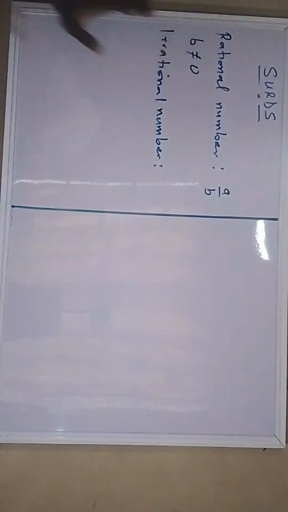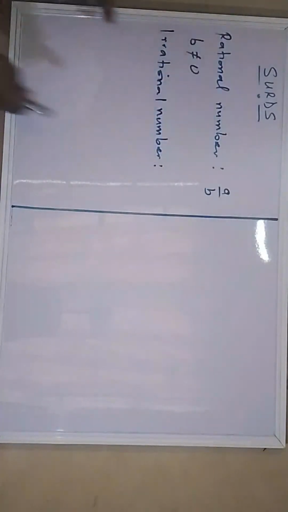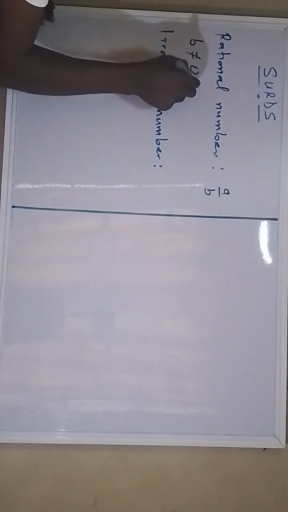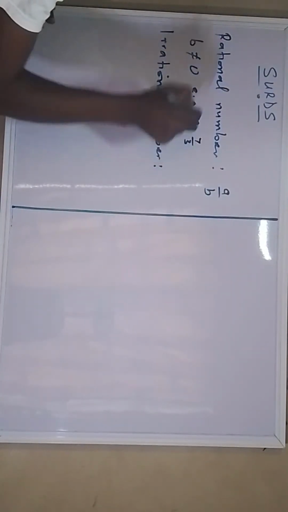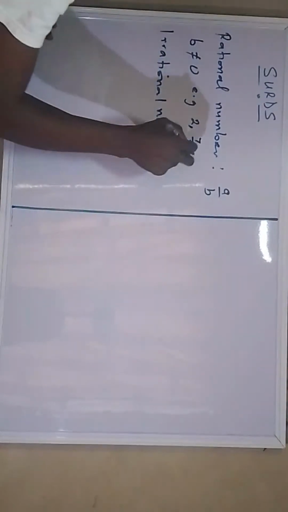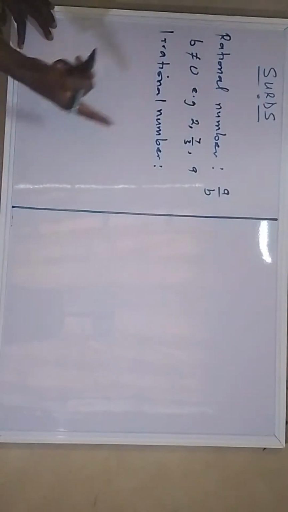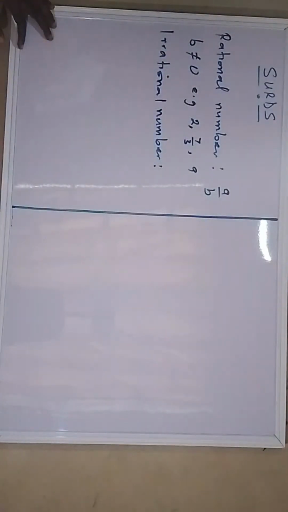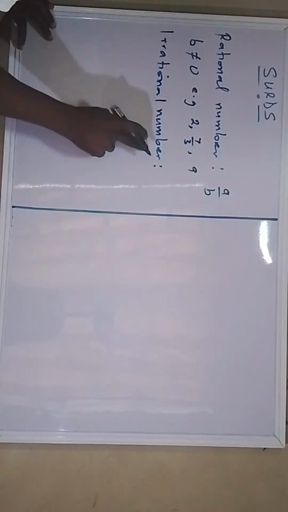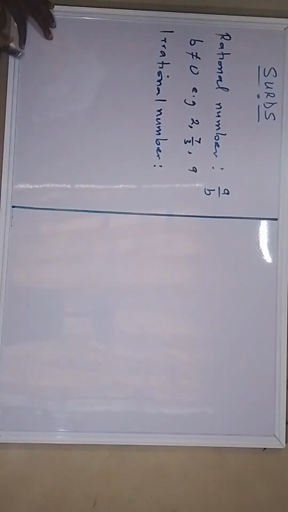Examples of rational numbers are 2, 7 over 3, and 9. 9 can be expressed as a fraction, since 9 is the same thing as 9 over 1. Now let us look at irrational numbers. Irrational numbers are numbers that cannot be expressed as fractions.